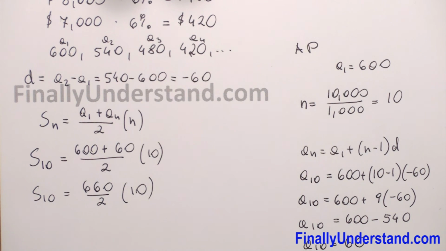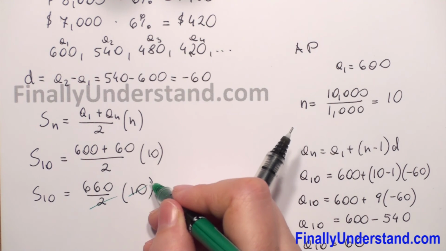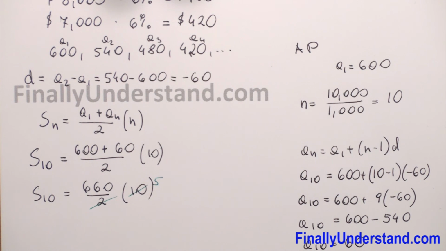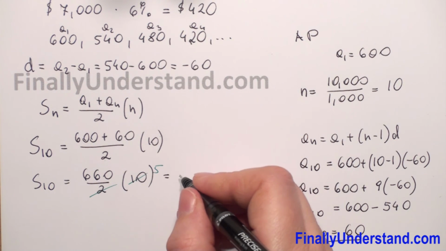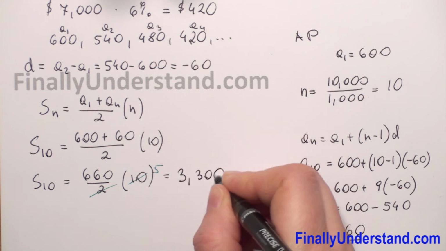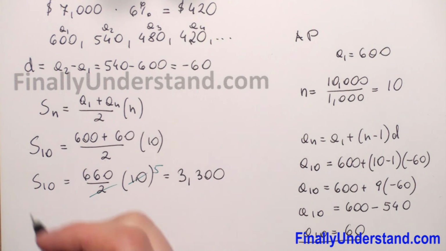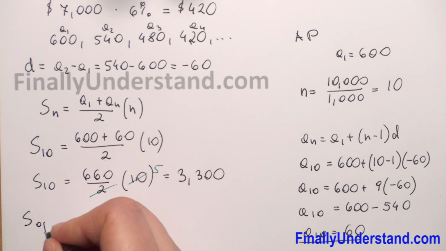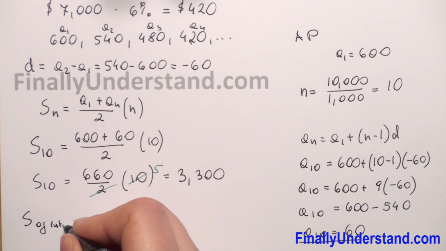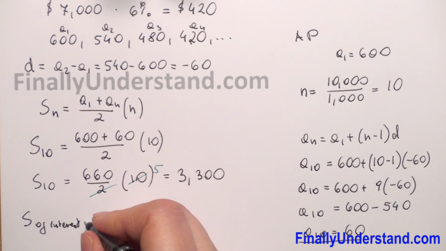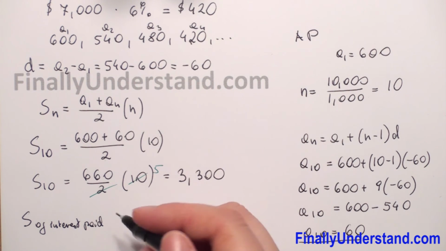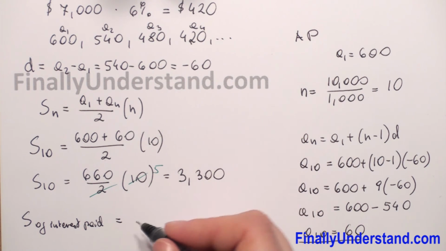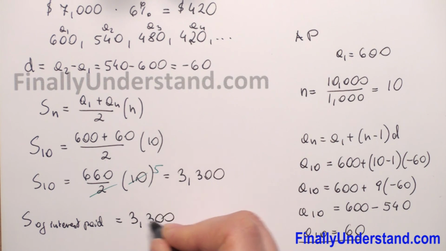We can reduce 2 and 10, so it will be 5, and this is equal 660 times 5 is 3,300. So we calculate the sum of interest to paid. The sum of interest Mary has to pay is $3,300. This is my solution.